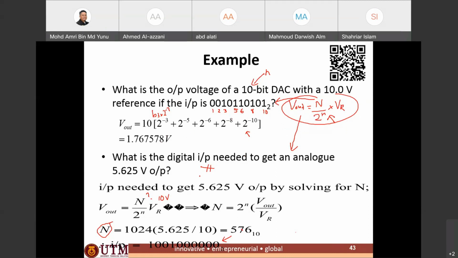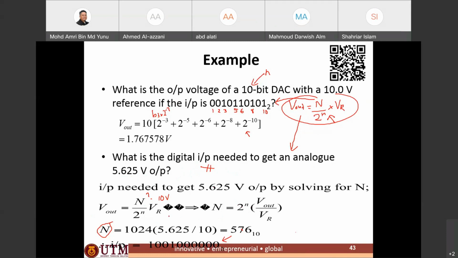And then what is the digital input when the analog output is 5.625? So let's say we retain the VR at 10 volt. So use the second formula.